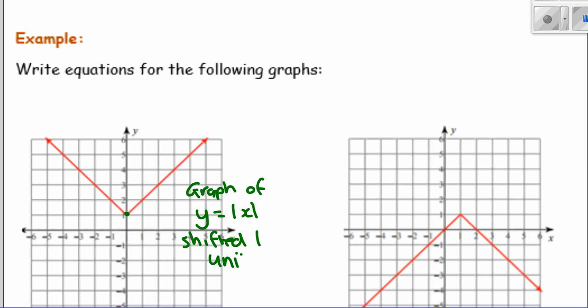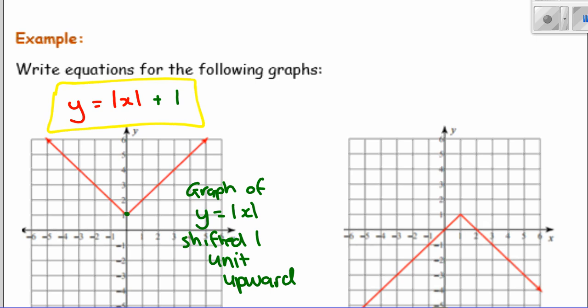So try to think, how would that equation look? The equation for that might be f of x, or y equals the absolute value of x, and because it's 1 unit upwards, plus 1. Okay, that's easy enough. I gave you a nice easy one to do first, because it had only moved vertically, not horizontally.